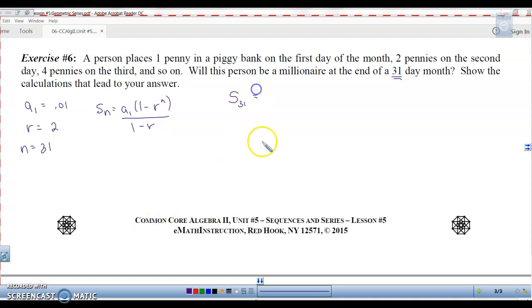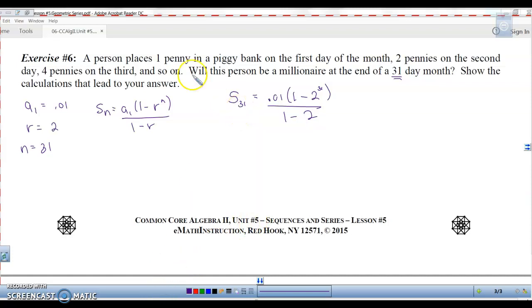Again, A1 in this case would be 0.01. 1 minus R would be 1 minus 2, to the N, which is 31, over 1 minus 2. So how much money are we going to have at the end of 31 days?